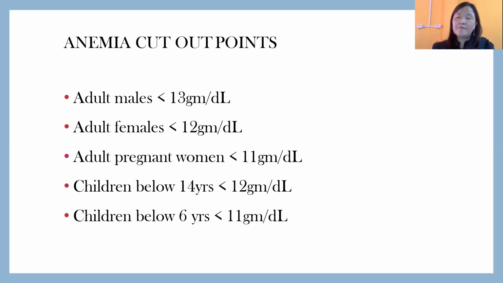So, what are the cutoff points? I've told you before also, but this is just a brush up. Anemia is the condition in which the concentration of hemoglobin is reduced. In case of an adult male, if the concentration of hemoglobin is less than 13 gram per dl, and in a female it is 12 gram per dl, and similarly in pregnant women and children below 14 years of age, if the concentration is below these reference ranges, then that condition is anemia.